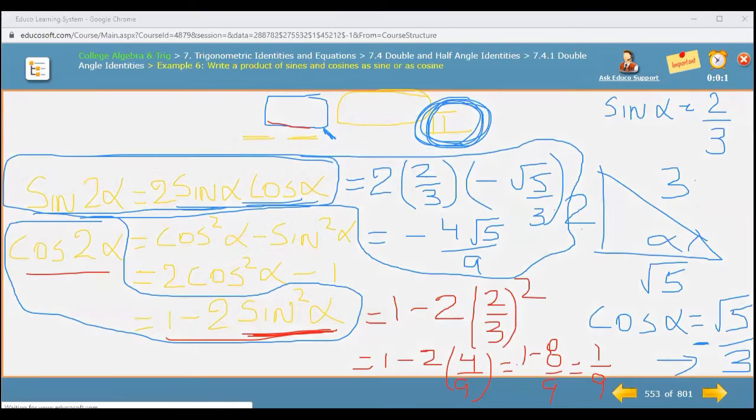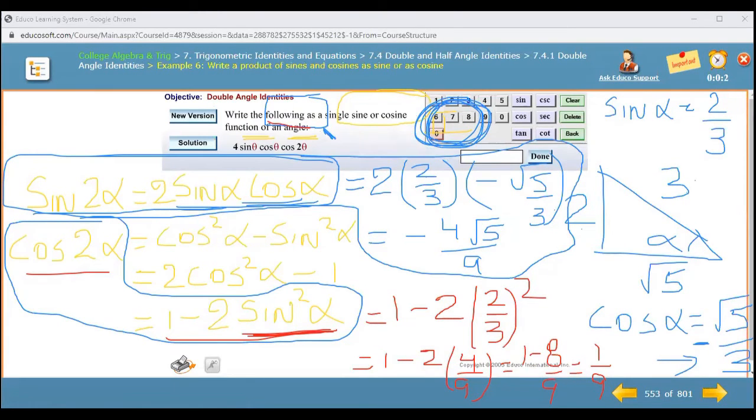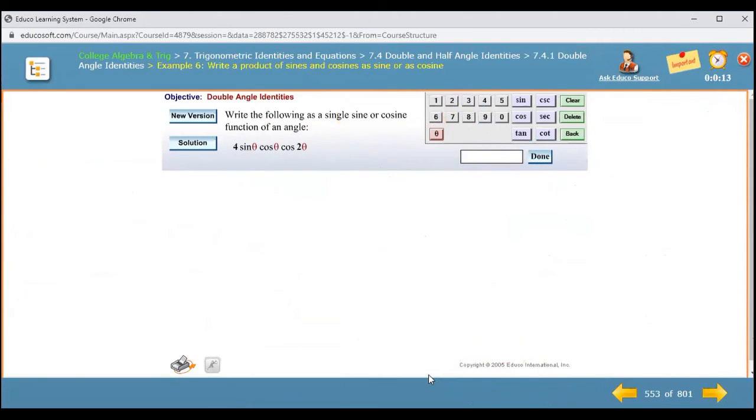Now, another important question that we may see on our test or on EDUCO. These are more logical questions, I can say. Just look at the way I break this question.